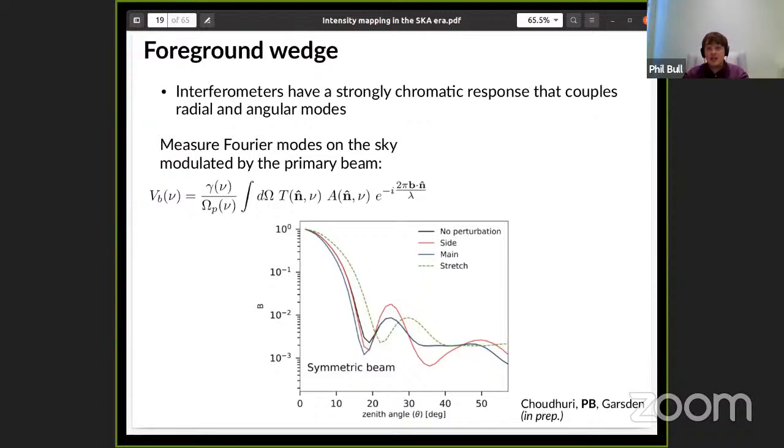And so all this really means is, if T was a perfectly smooth function of frequency, this A function, this beam function, which is plotted below, will modulate that smooth function. And so you'll end up getting something that has much higher frequency structure when you look at it in Fourier space.